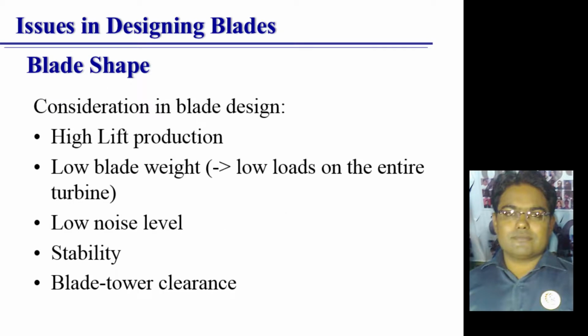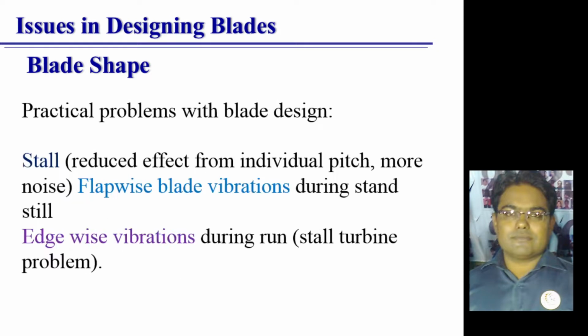Blade shape consideration in blade design is, first and most important, high lift production, and low blade height. So low noise level and stability, and blade tower clearance. There should be proper clearance from the blade to the tower. Otherwise, it may create a lot of structural damage to the tower.